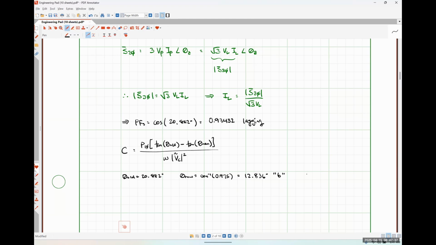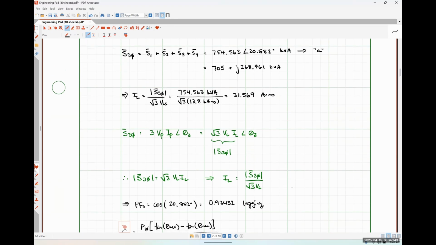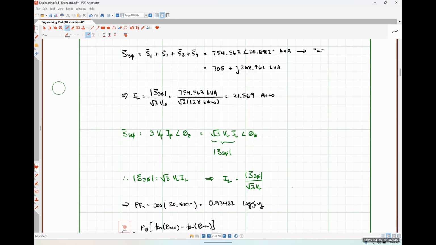What is our single phase average power going to be? Let me scroll up. Oh, absolutely right. So which one of those is the power that I'm dividing by 3? The 705. So the average power, or the real part of the complex power in rectangular form.